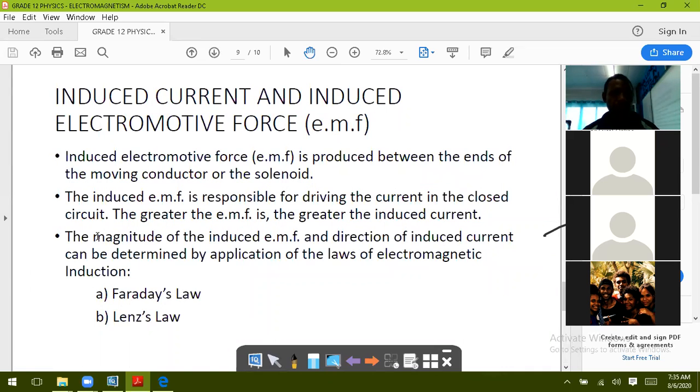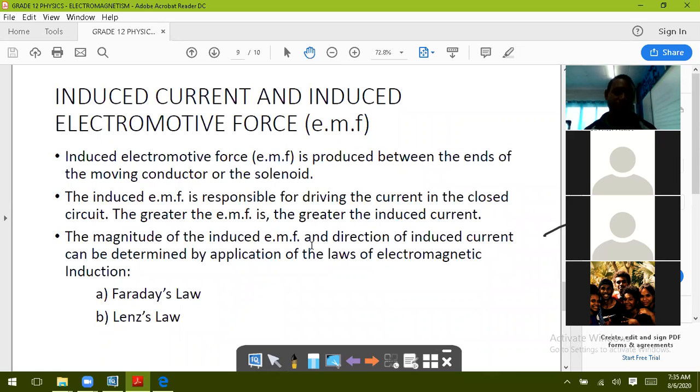Electromagnetic induction, like I said earlier on, is the production of electricity using a magnet and a conductor, even when they are not connected to some source. Current can be produced by moving a conductor in a magnetic field or moving a magnet in a solenoid.